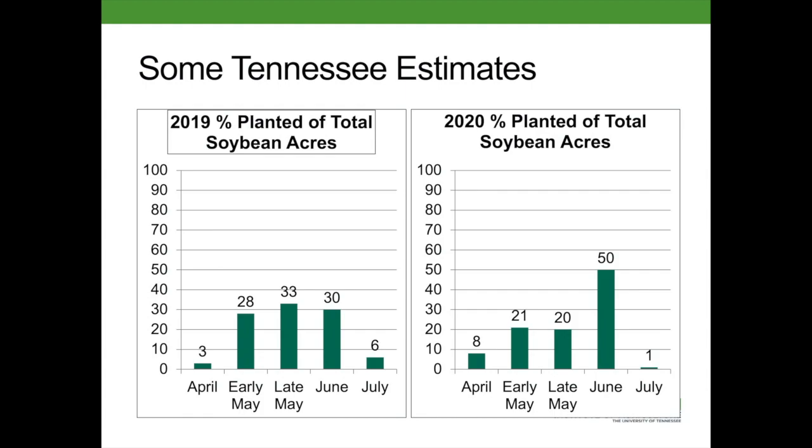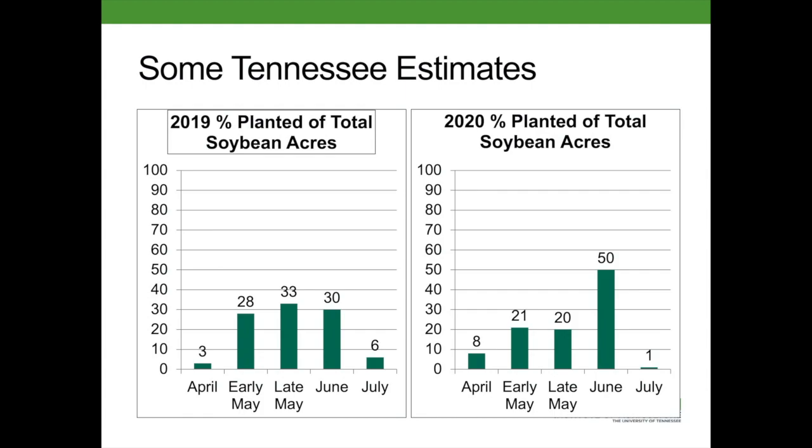Not a lot of planting in April. In 2020, and again, this is June of 2020, we're still planting soybeans. This is kind of my best guess of where we're going to be this year. But I think at least half of our acres are going to be late planted. So we have a substantial number of late planted acres.